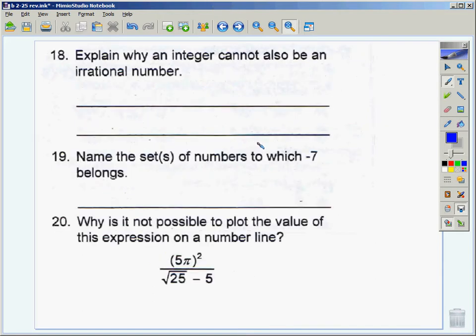Number 18, explain why an integer cannot also be an irrational number. Integers can be written as fractions.